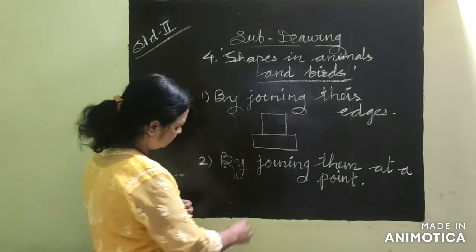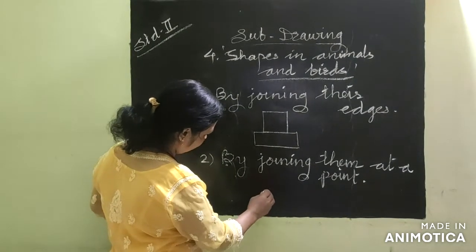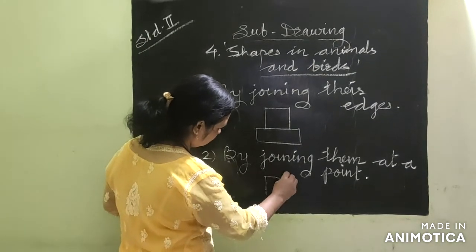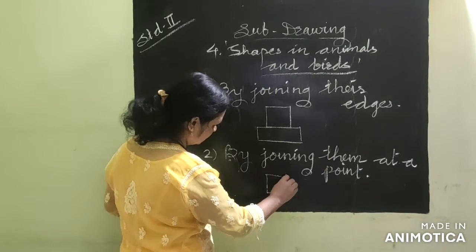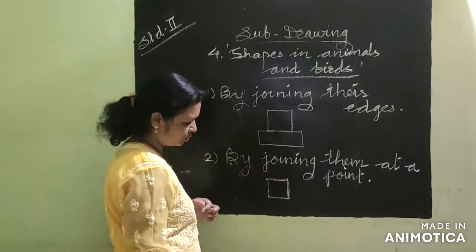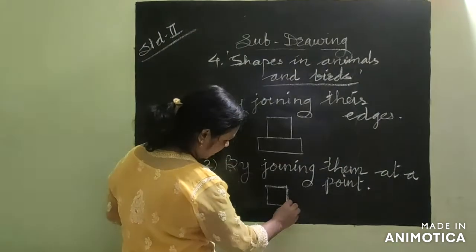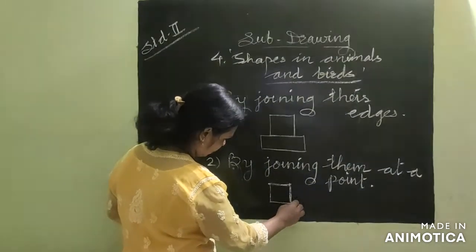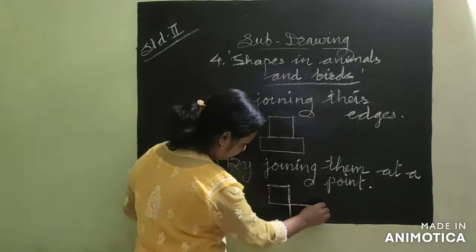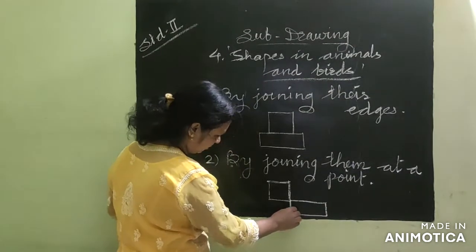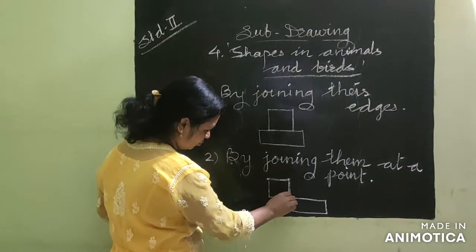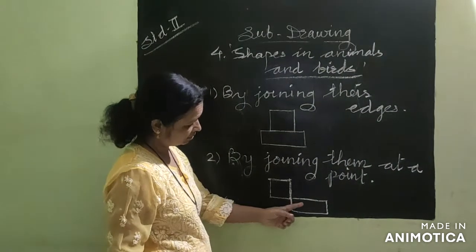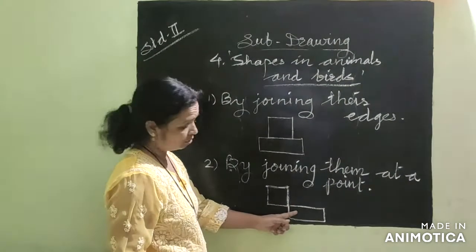Well, let's draw one figure. Suppose again we take the same shapes. We have a square and we have 4 points. When we join this rectangle shape to the square at a point only, like this, we get a new shape.